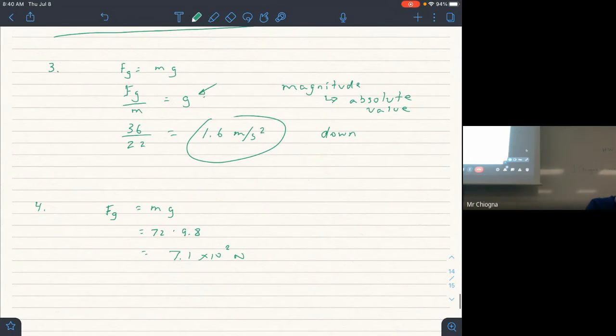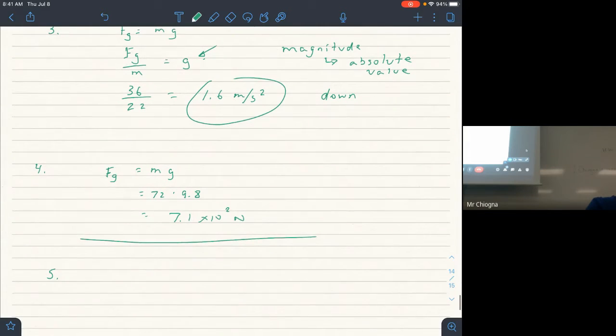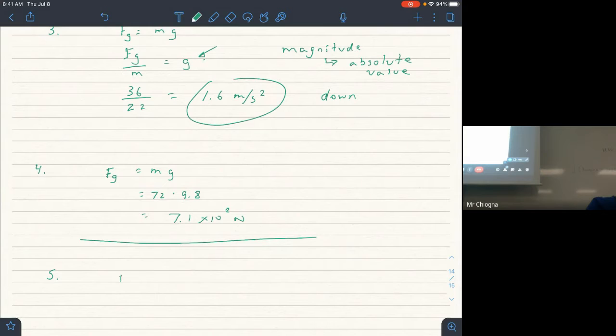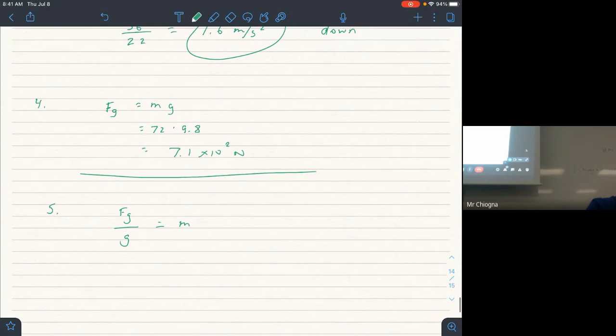It is down. It just asked you for the magnitude. That's the magnitude. Okay, this is calculated quite a lot. So what is the mass? Just divide the weight by 9.81. So it's about 13 kilograms.